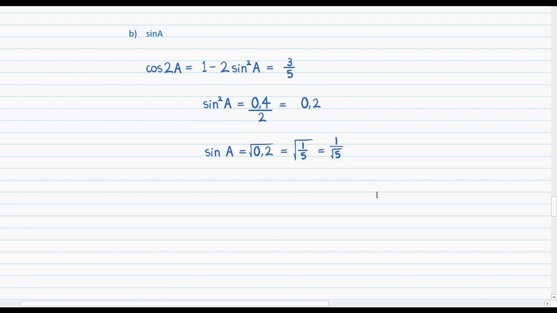Then for part C, we need to expand and simplify cos of A plus 45. This is going back to compound angles, and we would use the compound angle identity for the addition of two angles, where in the case of cos, it would become cos A cos 45 minus sine A sine 45. Since they said without using a calculator, we would substitute each of these with whatever values we know.